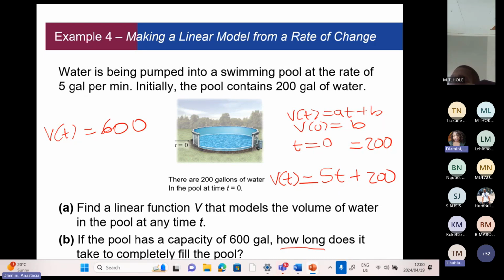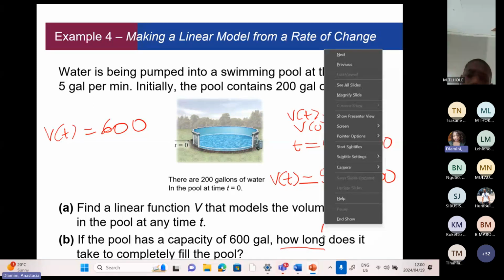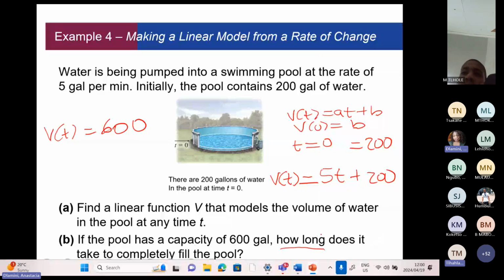What are we looking for? We are looking for t now. When they ask you for how long, it means we're looking for time. Someone asked, why do we equate to 600? They're saying that I have v of t, and I substitute some value of t.